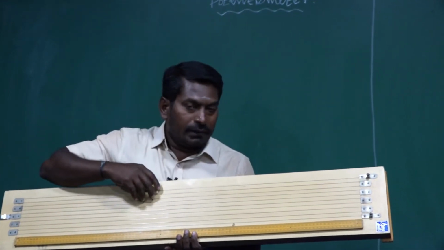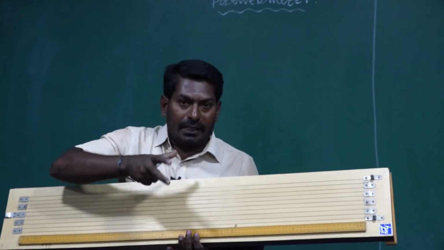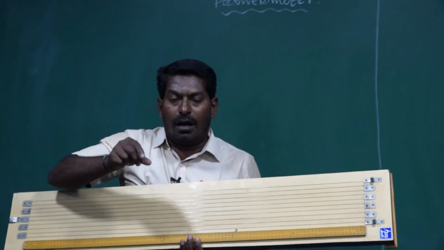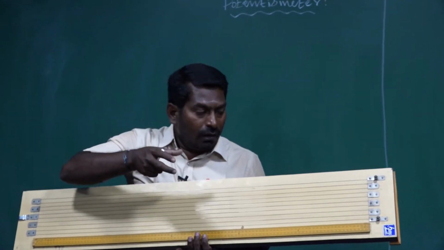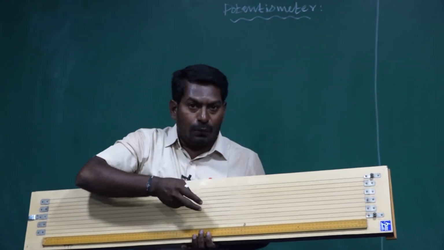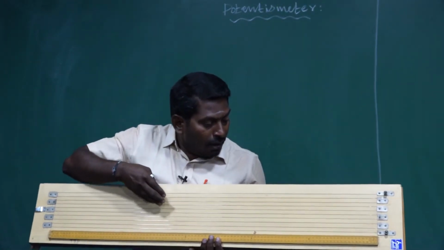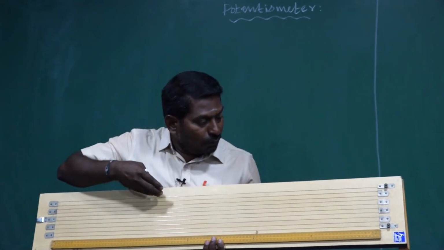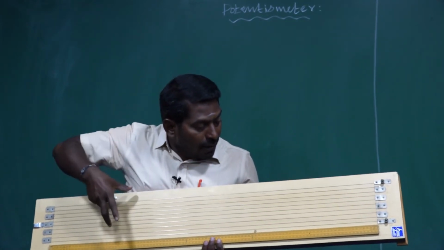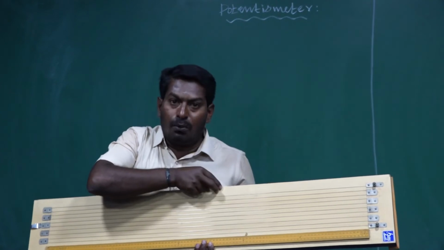So keep it in your mind. The potentiometer instrument consists of a 10-meter long uniform manganese wire. The 10-meter wire is divided into 10 segments. All 10 segments of manganese wire are stretched parallel with each other on a wooden board.